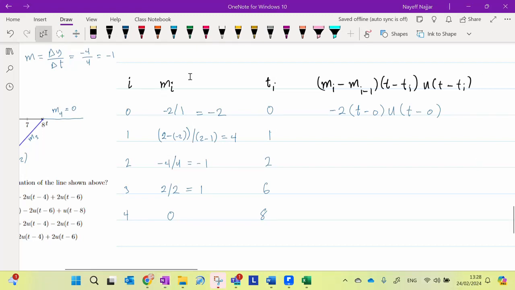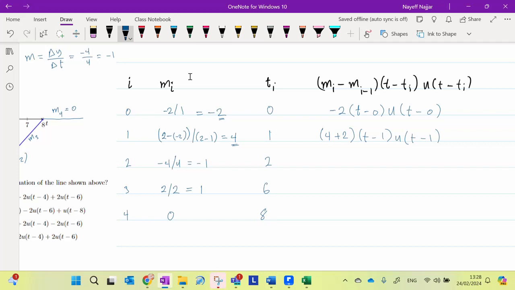So that's for the first line segment, and then for the second line it's 4. This is the current slope, this is the previous slope, so you subtract the previous slope from the current slope. So this is 4 minus -2, that's 4 plus 2, and then here you have t minus 1, u of t minus 1.